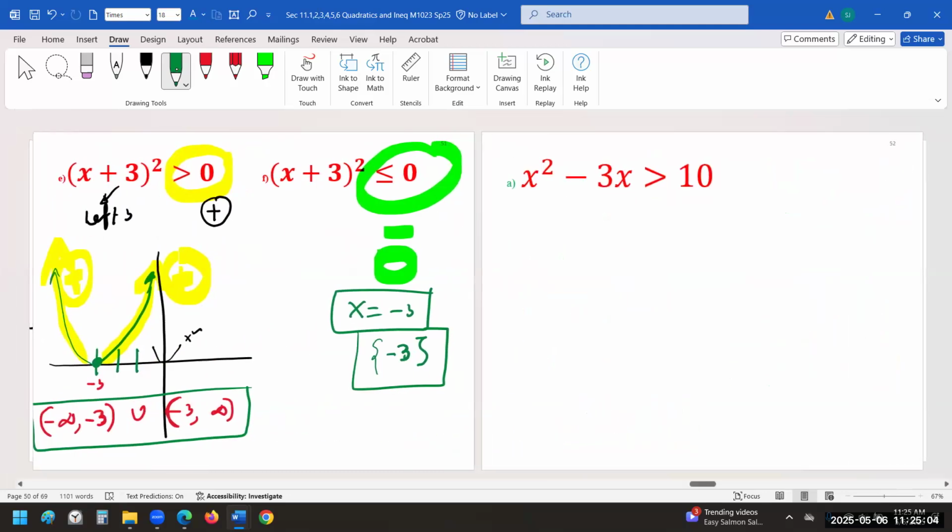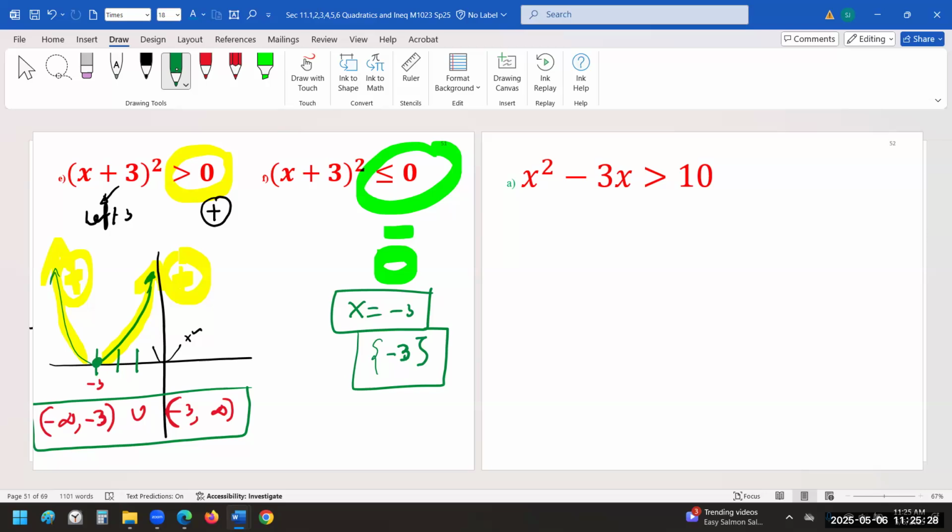Let's do a few more. Now, let's say we have x squared minus 3x bigger than 10. What do you observe here? Something is missing, right? Compared to all the examples we did so far, 0 is missing.